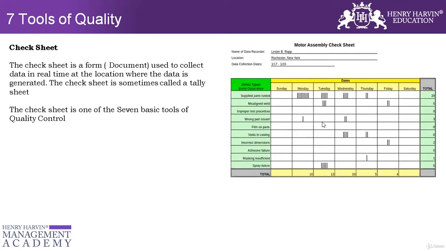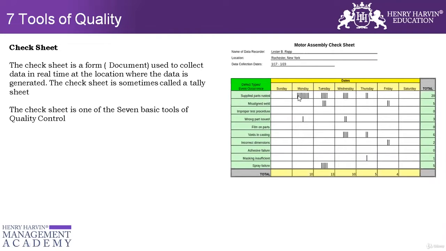When you are working on any process, it is recommended to have a check sheet in place, wherein you maintain the logs, the defects, and any sort of trend that you have. A check sheet helps you identify the problem on a particular occurrence or instance as well. In this example, there is a failure, supply part rusted, which is happening on mostly all the days.